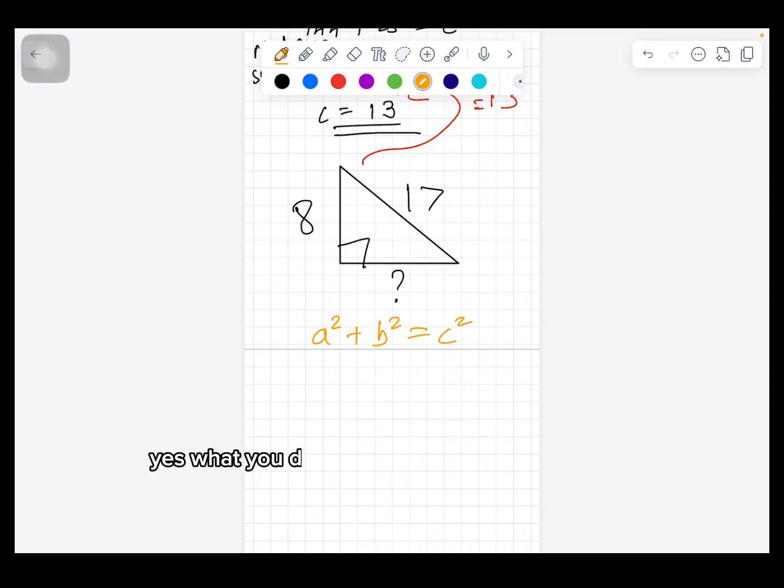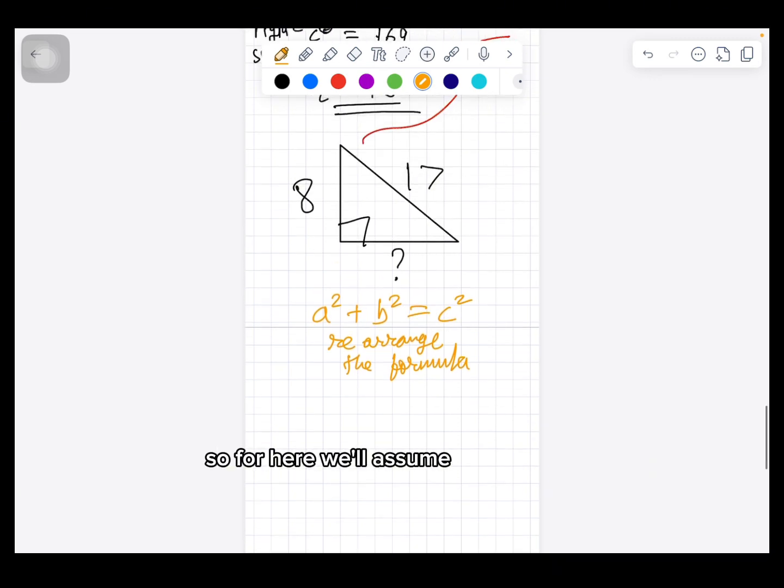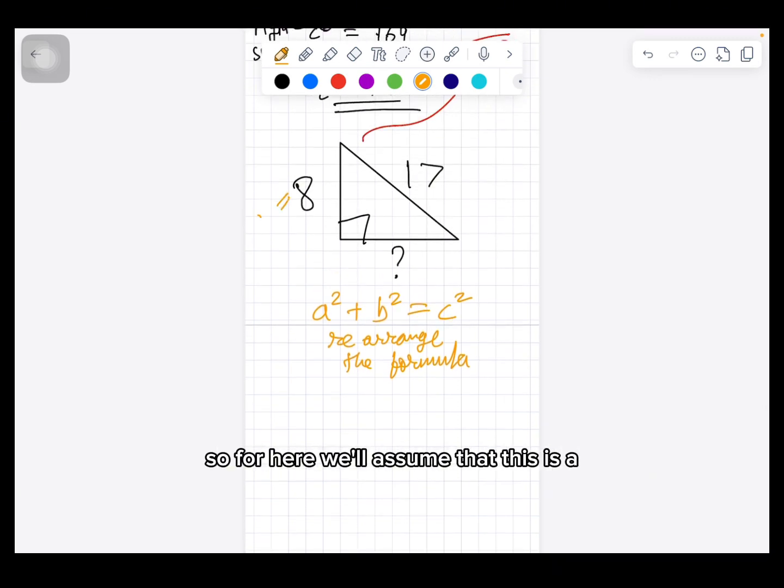What you do is you rearrange the formula. So here we'll assume that this is A, and of course this is C. It always has to be that, because I talked to you before about this.